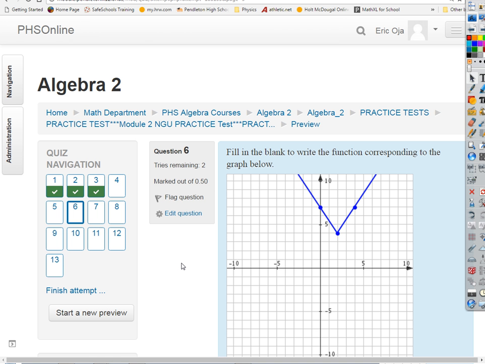So by looking at the graph here, Jace, can you tell me what are the coordinates of the vertex? What's that going to be? Can you zoom in just like a hair? Can you zoom in more than that?